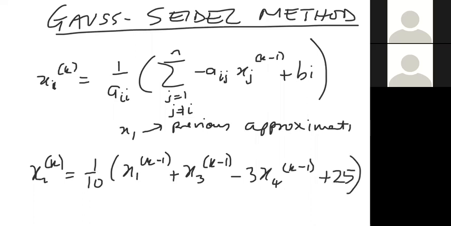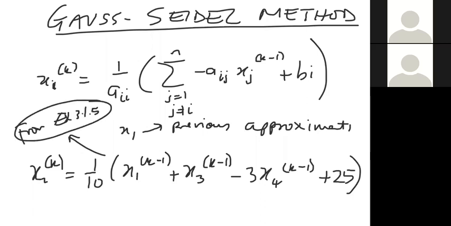That is from example 3.1.5. Okay, we're able to write x2 in that way.